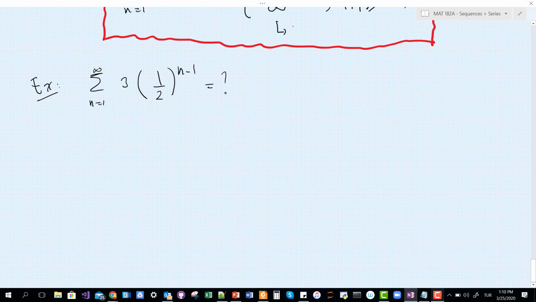First of all, guys, you always need to look for this form, okay? That's so important. You are going to understand from the examples why it is so important. The sum from n equals 1 to infinity. You see, that is my essential form for the geometric series.